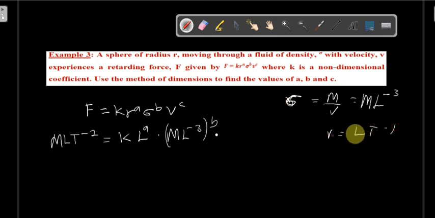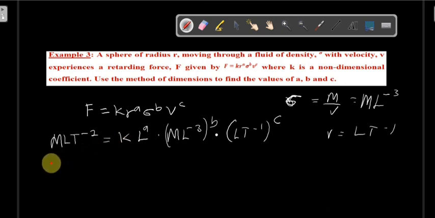You can look it up in the table. These smaller dimensions, you need to know them off heart. So that will be L T minus 1 raised to power C. So we are going to expand all of this now.